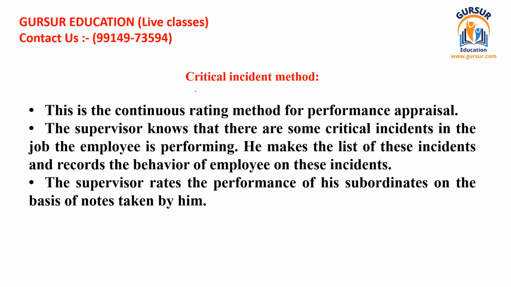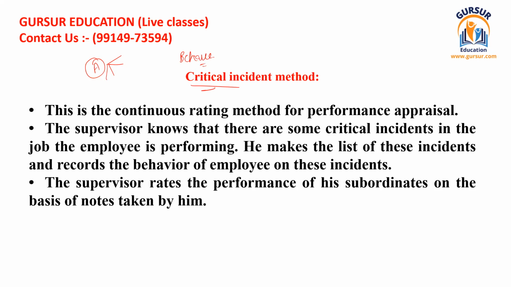Then the next one is the critical incidents method. Now you know that organizations are large, and it's not possible to record each and every behavior. This is why in each job some critical incidents are found. Like for performing job A, there are only 5 critical points. So on those critical points, how does an employee behave?